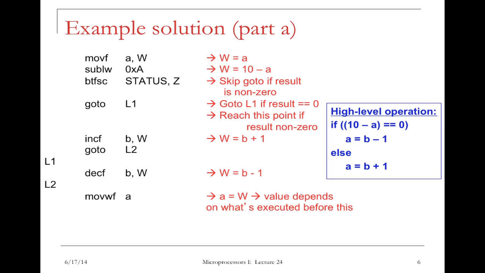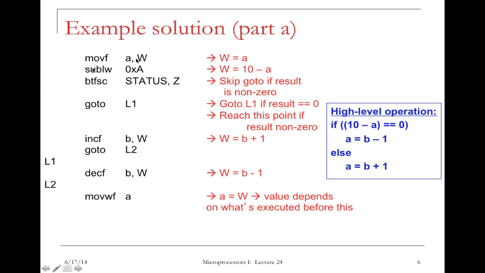First instruction, move F, A, comma, W. A is a variable, and we assume it's declared before. Note this A is different from this 0xa. The 0xa is the A in hexadecimal, that's a literal, that's a constant number. This A is a variable.